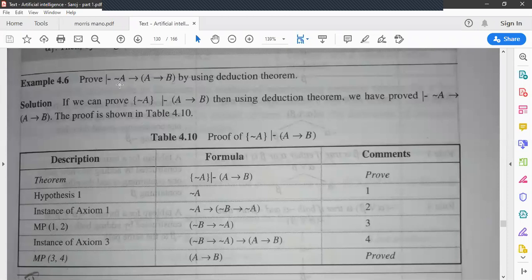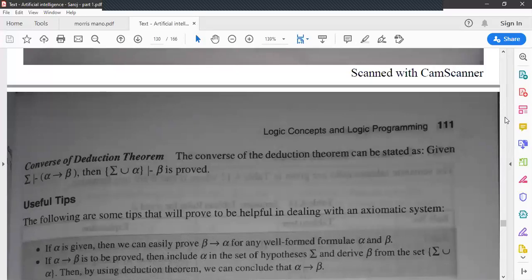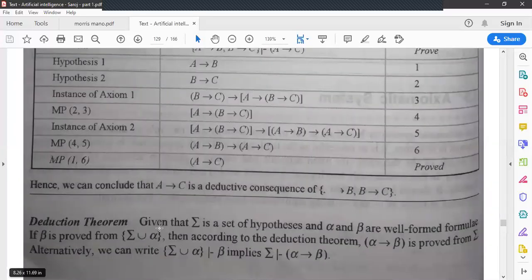That is also possible because of the deduction theorem. The deduction theorem says that if alpha implies beta is proved from a sigma, then what you can write is, you can write deduction of alpha implies beta.